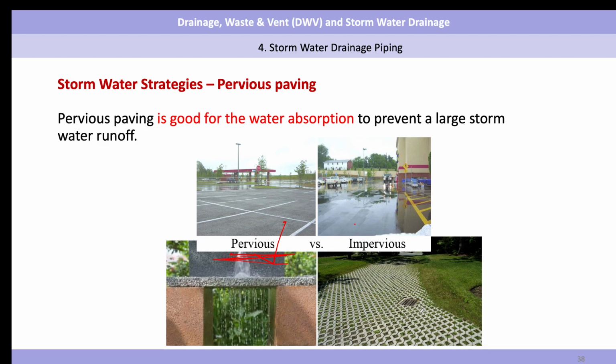We use pervious paving to avoid too much water above the ground. Like this one, very ugly, and also after raining, you can find some water in the holes. So most of the time for parking lots and public areas, use pervious paving.